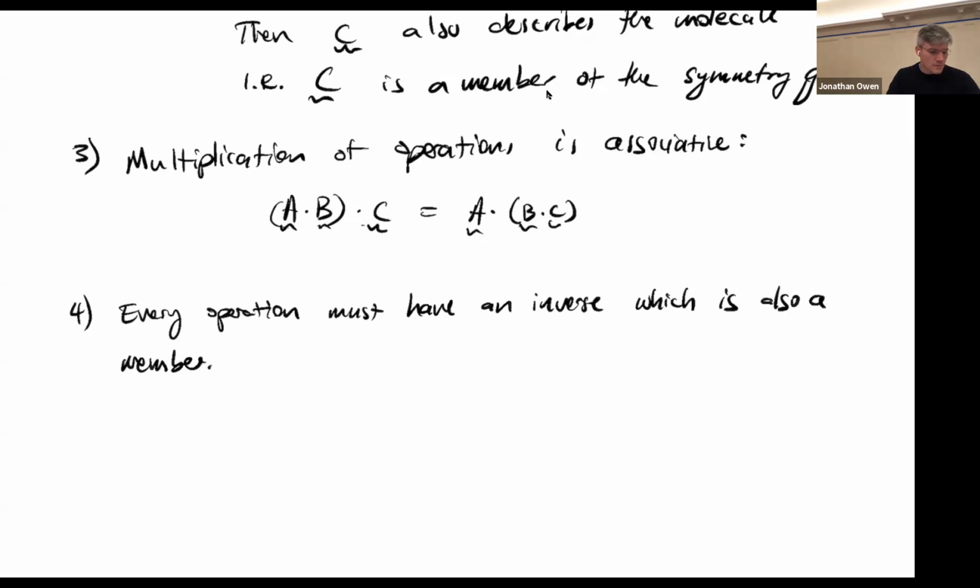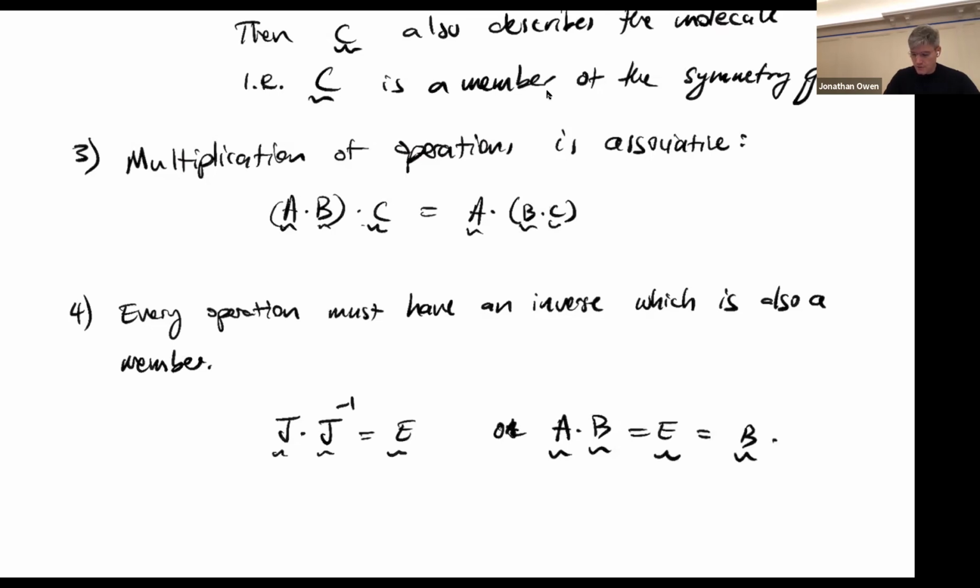So remember, if you have some operation J and J minus 1 is the inverse, that product is the same thing as the do nothing operation. It's also true that if you have two operations that give you back the identity operation, you can do these in reverse.